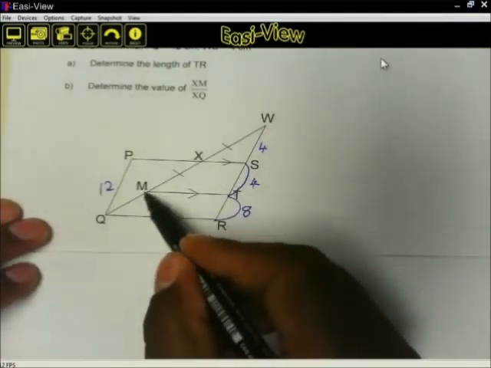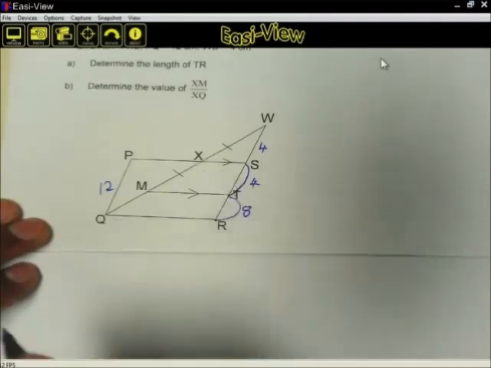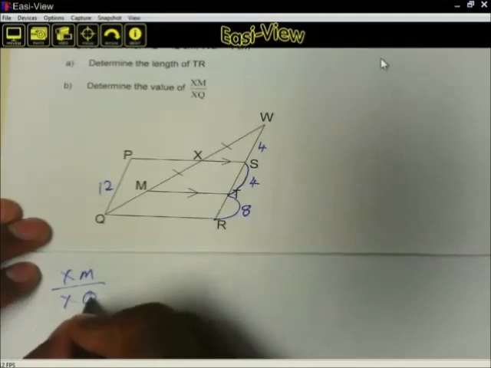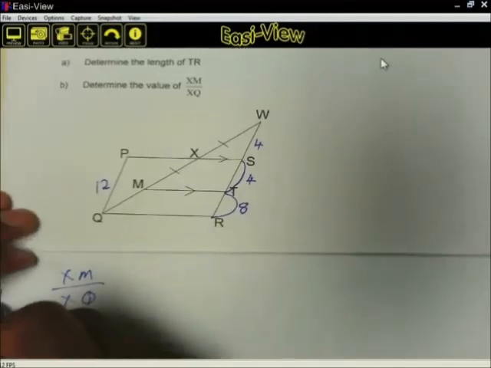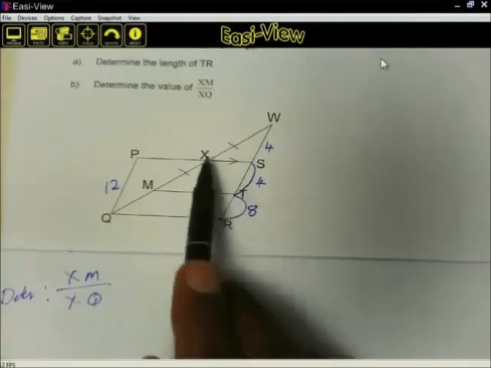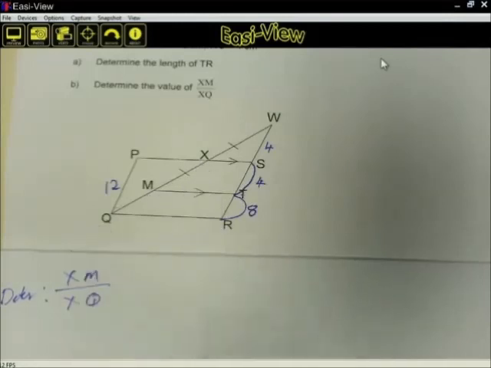XM over XQ. This is what we want to determine. Let's go.